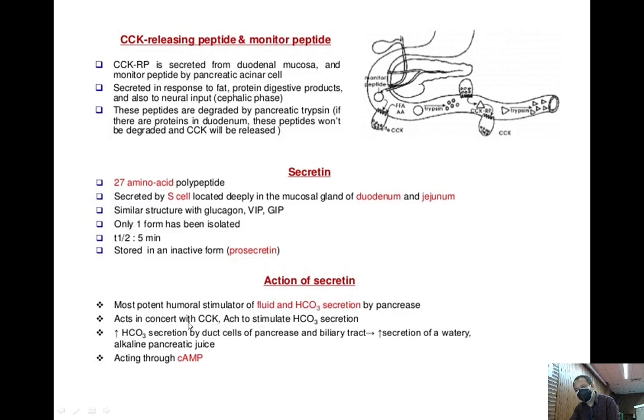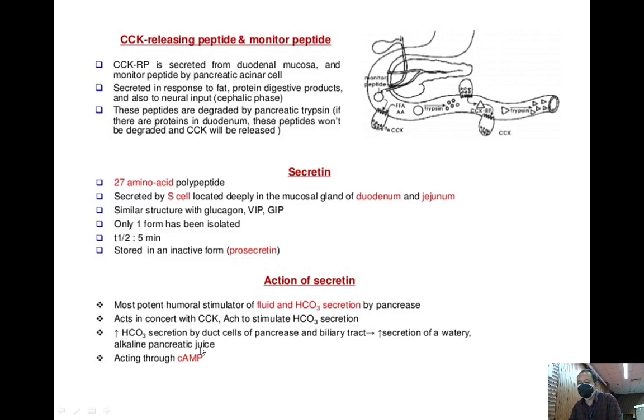So this water also helps to form a medium for the secretion of enzymes from the exocrine pancreas. Chymotrypsin, trypsin, carboxypeptidase, nucleopeptidase, all these are carried by this fluid and can be secreted into the duodenum and into the small intestine.